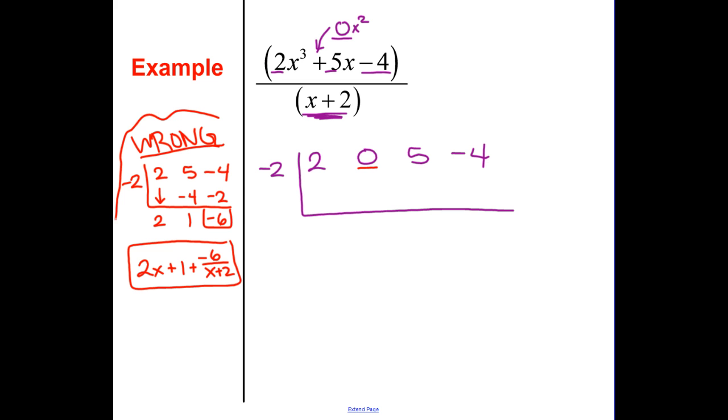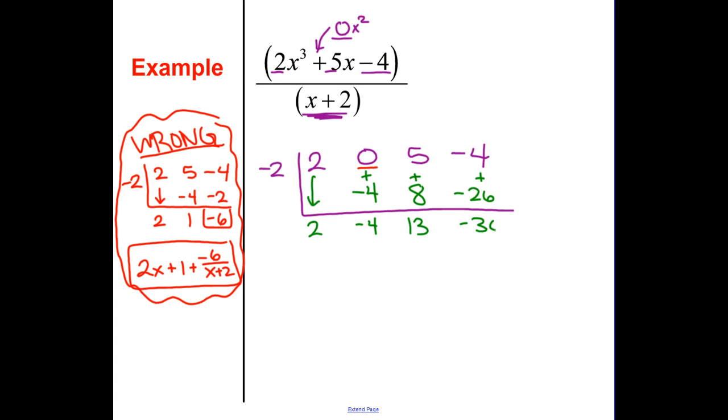Now let's show you the right solution so you guys can see how far off it really was when I did it the wrong way. So I'm going to bring down the 2. Negative 2 times 2 is negative 4. Add those, so we get negative 4. Negative 2 times negative 4 is 8. Add those, we get 13. Negative 2 times 13 is negative 26.